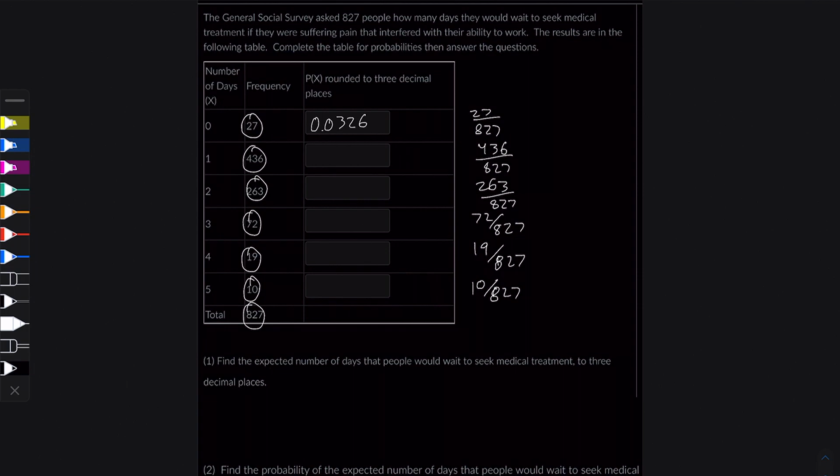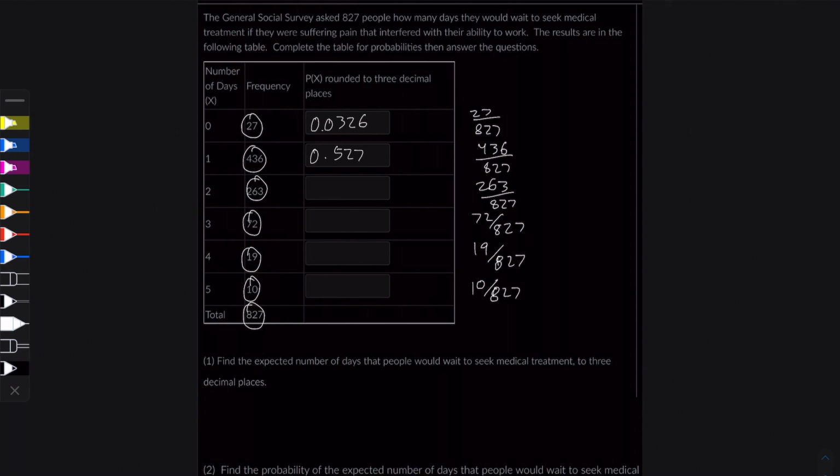So the probability of the first one is 0.0326. And I'm sure that you can see on this one that the probability of 0 and 3, 4, and 5 is going to be a lot less than the probability of 1 or 2 days, because the frequencies are a lot less there. So you have a higher probability of getting 1 or 2 days waiting than you do of 0, 3, 4, or 5. So 436 over 827 is 0.527 for that one.